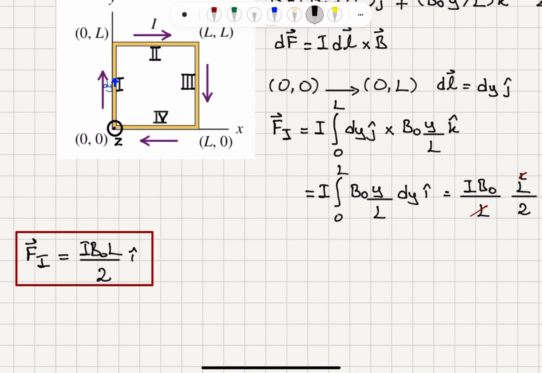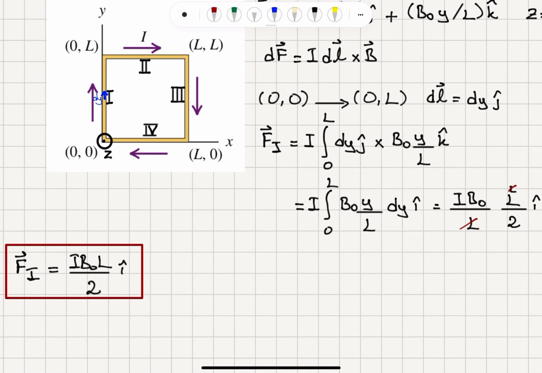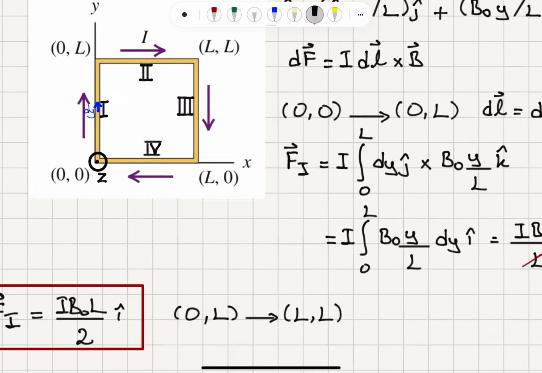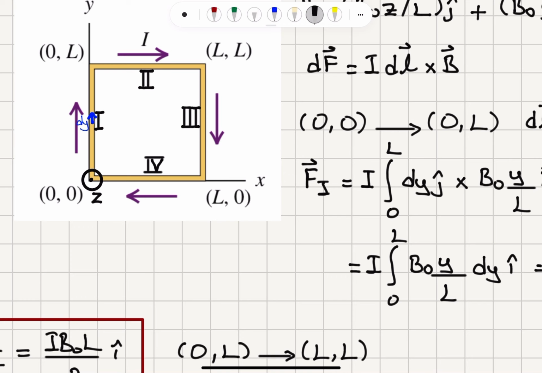Okay, now let's work on the second segment. Now I'm going from (0, L) to (L, L). So from (0, capital L) to (L, L), second segment. What is the dl vector in this case?